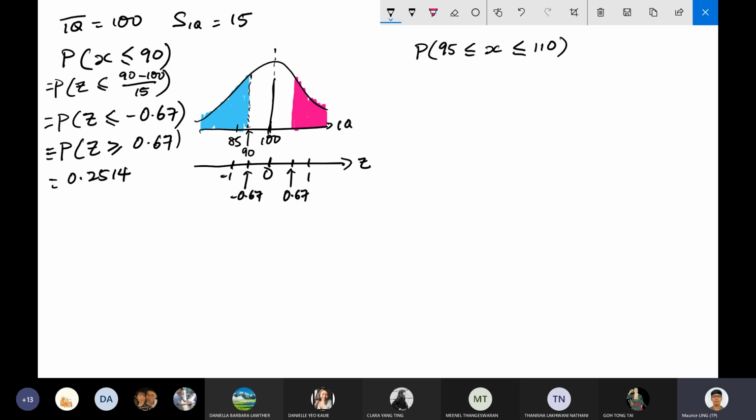Okay, so do it step by step. 95, 110, you have to draw it out. Here is 100, you have 95 and 110. What you want is the blue zone.